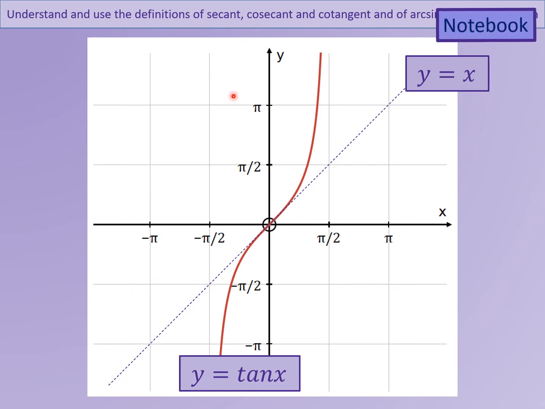Notice that the asymptote of minus pi over 2 that was in the domain becomes the asymptote in the range. The asymptote of pi over 2 in the domain becomes the asymptote in the range.